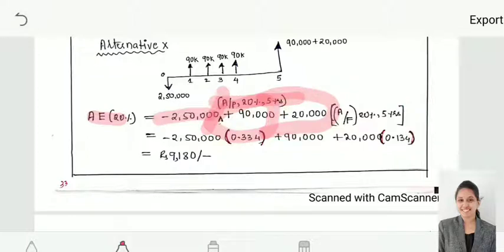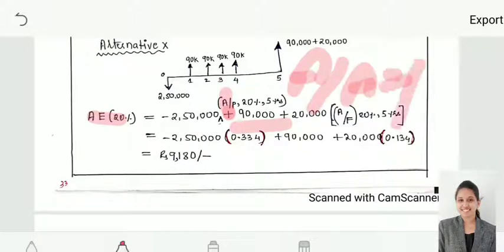I hope you understood this again. Just for clarification, 2,50,000 is my present investment cost, and that I have to compare with respect to my annual equivalent, so I am considering A by P here. For 90,000 I am not considering a factor, because A by A is equal to 1, the factor you are multiplying is 1.